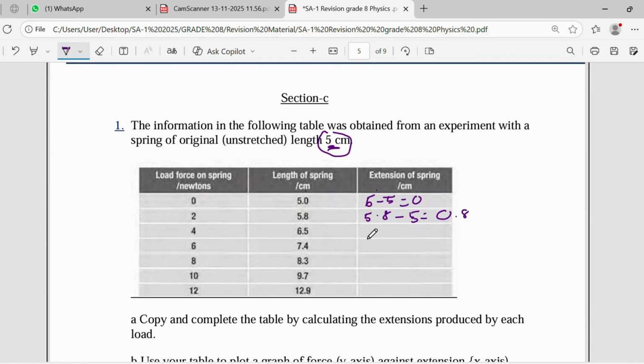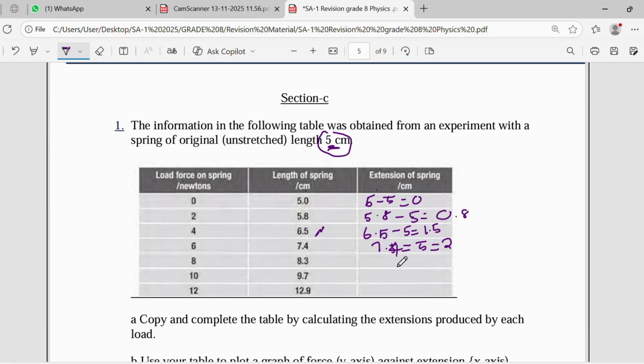And next one here 6.5, 6.5 minus 5, you'll get 1.5. Next 7.5 minus 5, you'll get 2.5.